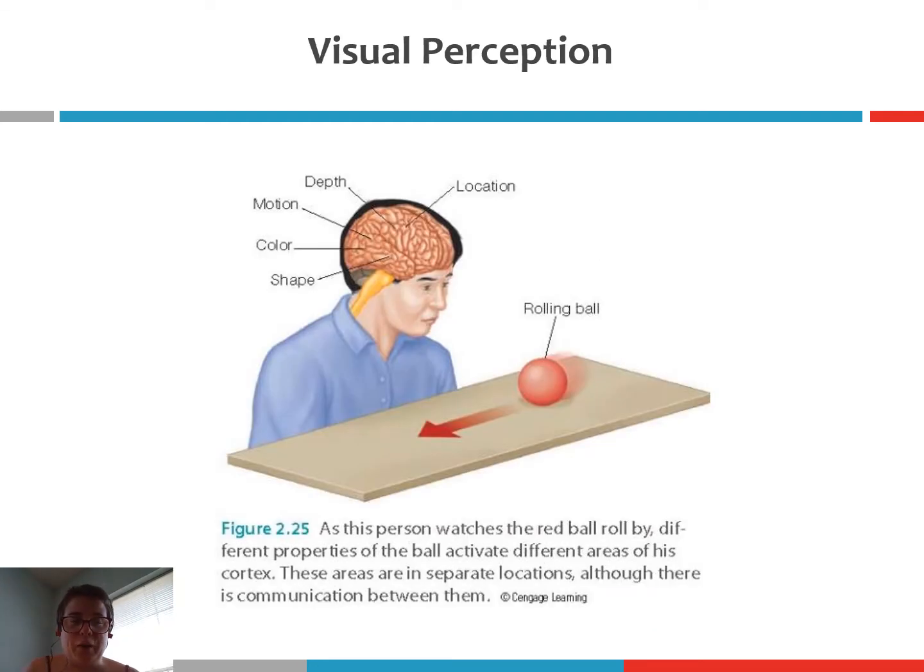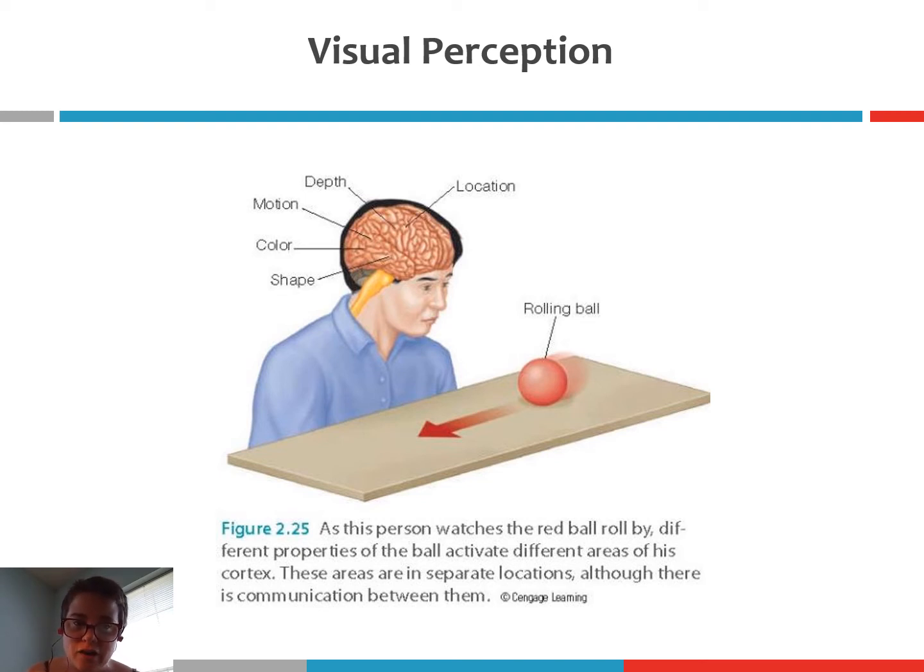Okay, so another example that illustrates distributed representation in the brain is basic visual perception of just ordinary stimuli. Right? So your book gives you a hypothetical example of a man watching a red ball rolling across a table, right? Simply perceiving that event, not interacting with that ball at all, just seeing the ball in front of him as it moves.